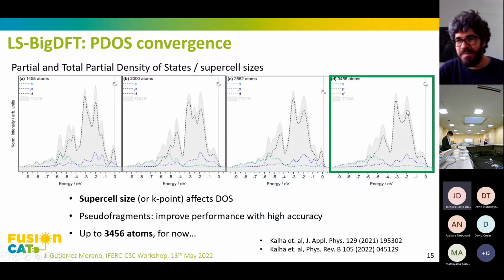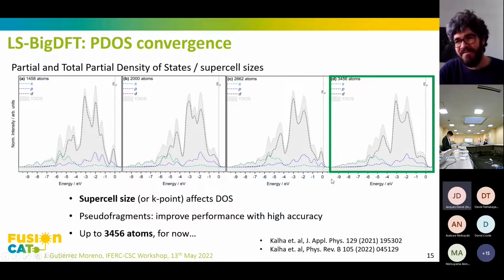We observed, as we expected, that the main contribution is coming from the electrons. And this convergence effect is somehow comparable to what you would do if you increase the K points, so if you have a finer K point grid in standard DFT calculations.